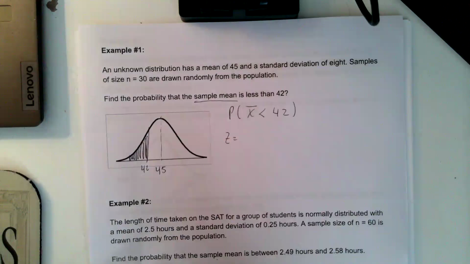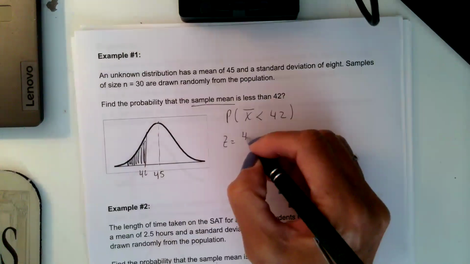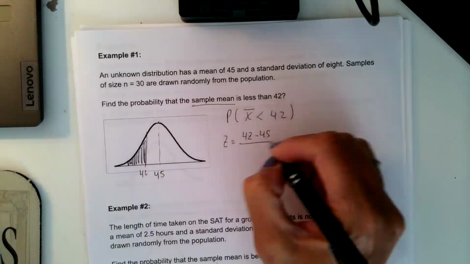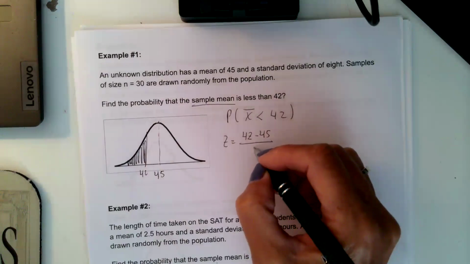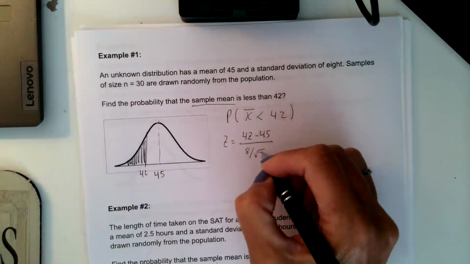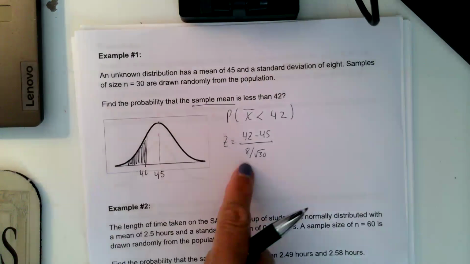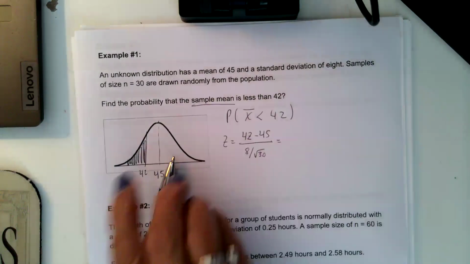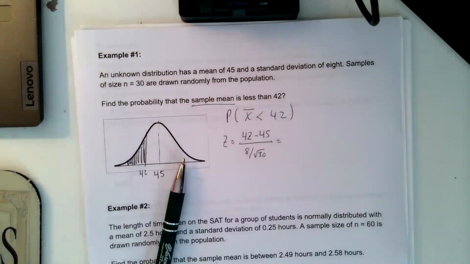Okay, so it's going to be 42, subtracting 45, divided by not just the standard deviation, but the standard deviation of 8 divided by the square root of 30 for the sample size, because we have to use that standard error. Okay, so let's practice this in ALEKS.